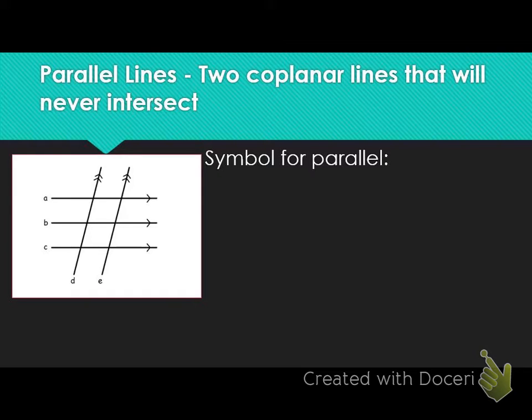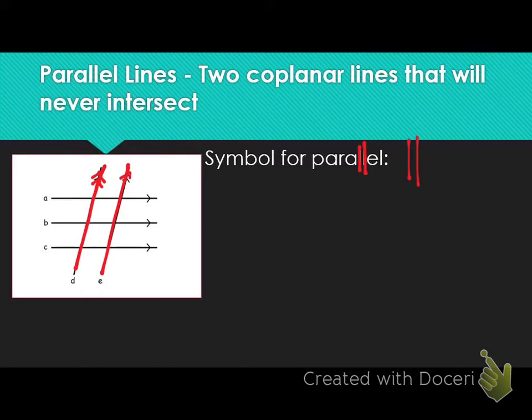The symbol for parallel, you want to write this down. Remember that parallel has two L's. The symbol looks like those two L's. They're two straight lines that do not intersect. So here's what we would do. We would name these lines parallel. Let's start with these two.